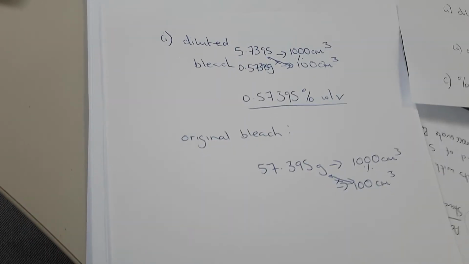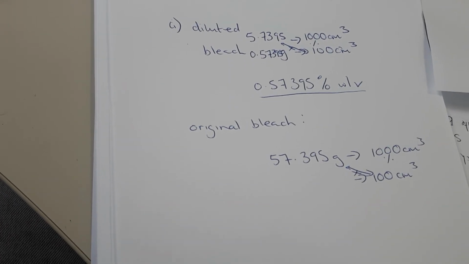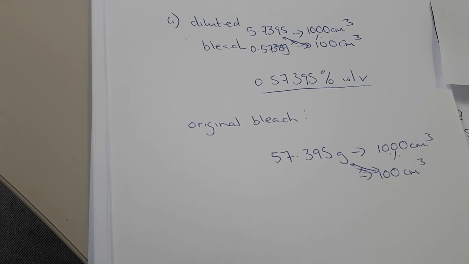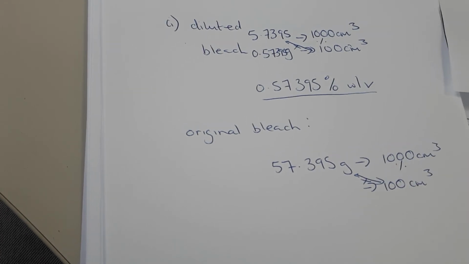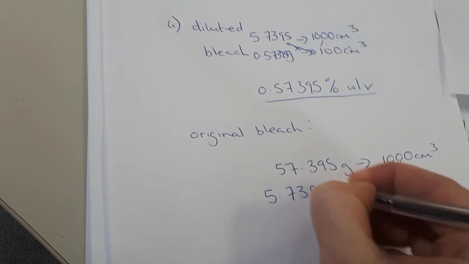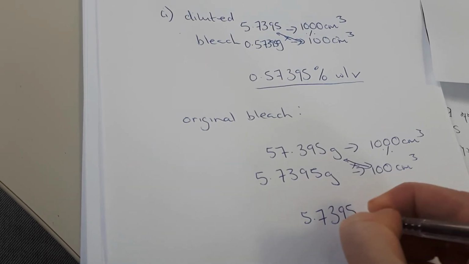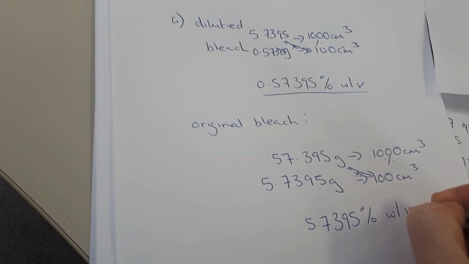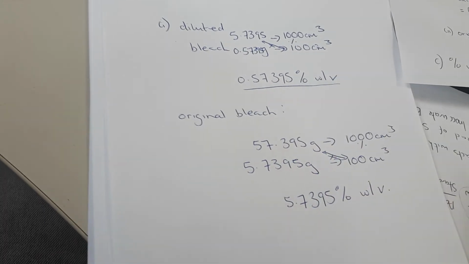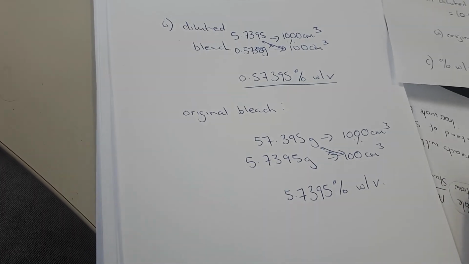So multiply 57.395 by 100, and I divide that by 1,000, and that gives me an answer of 5.7395 grams or 5.7395 percentage weight per volume. Again, you could have done that just by multiplying this by 10 because that is also your dilution factor. And that is how you do that when you're asked.